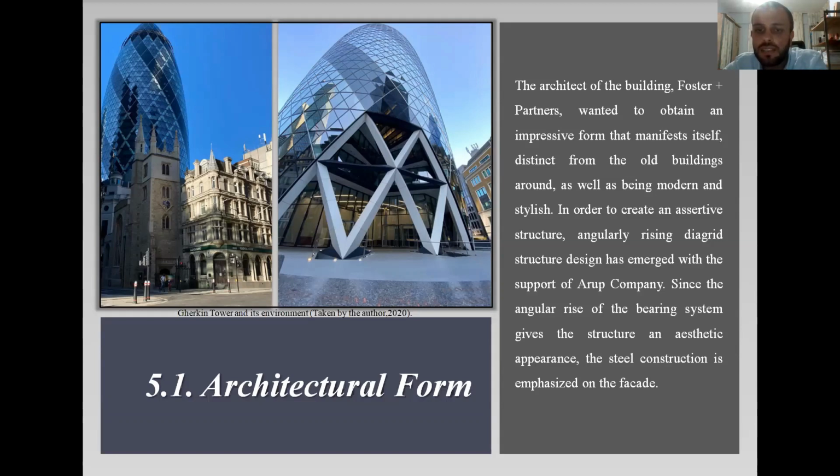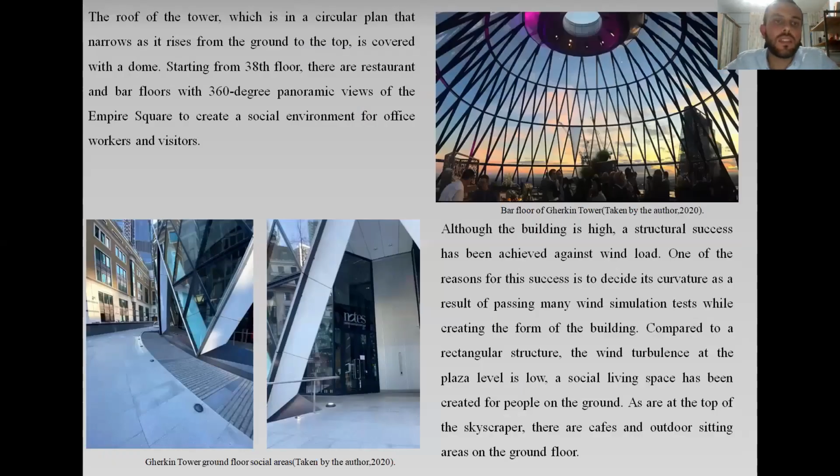Since the angular rise of the building system gives the structure an aesthetic appearance, the steel construction is emphasized on the facade. The roof of the tower, which is in a circular plan that narrows as it rises from the ground to the top, is covered with a dome.